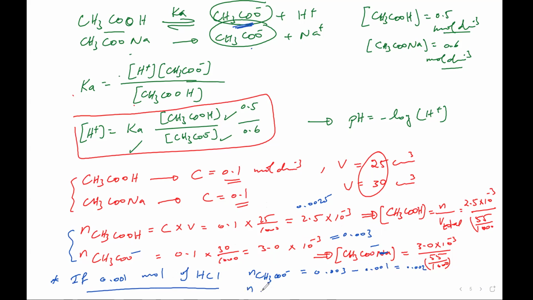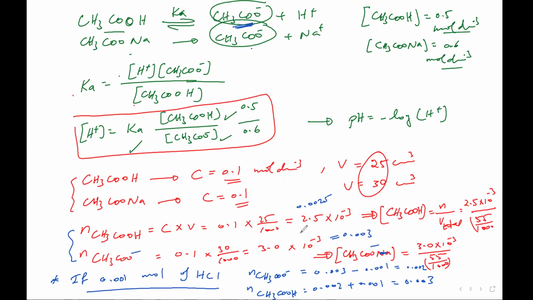And the number of moles of the ethanoic acid will increase by the same value. We started with the acid at 0.002, we add to it the 0.001, and it becomes 0.003. If you substitute these values in the equation, you will see that the pH will not change significantly.